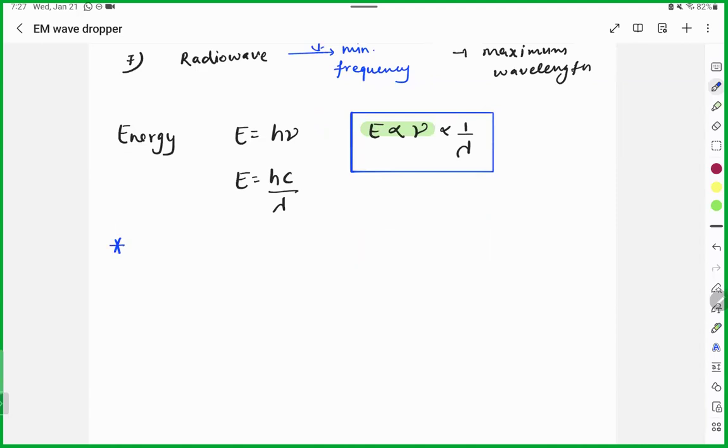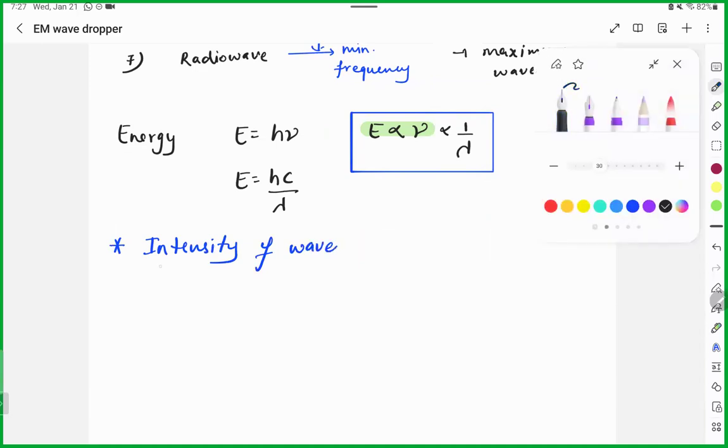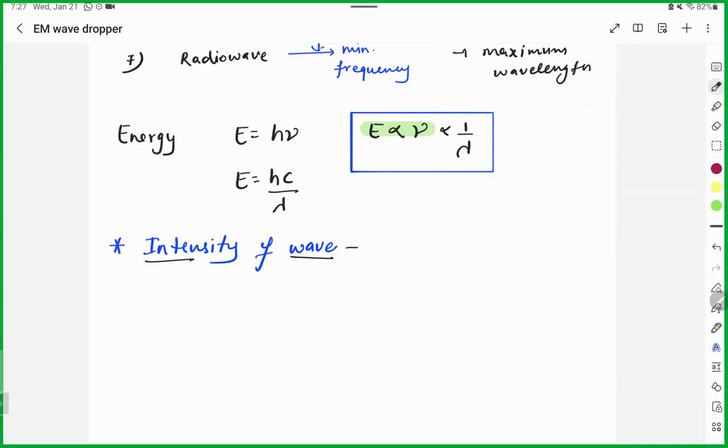Then Chandana, what will be the intensity of wave? We already did this. What is the intensity of the wave? How much energy do you have per unit time, per unit area?